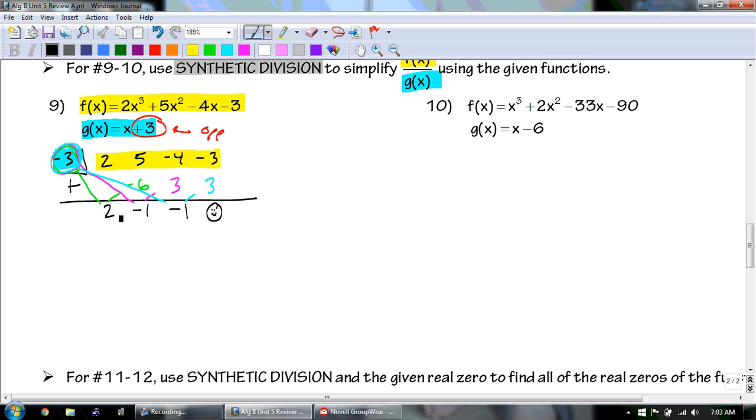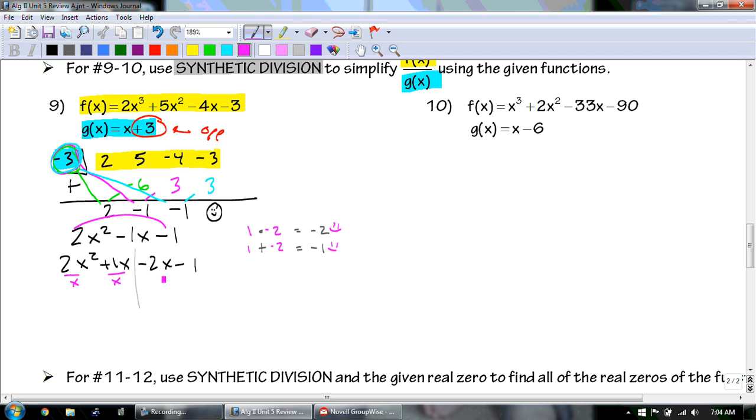Now I'm not done yet because now I have to take this 2x squared minus 1x minus 1 and I need to factor it. So when I'm factoring this, I'm looking for numbers that multiply to get to -2 and add to get to -1, and that is 1 and 2, but the 2 is negative. Okay, I'm going to split that middle term to get 2x squared plus 1x minus 2x minus 1, and then I got to factor this.